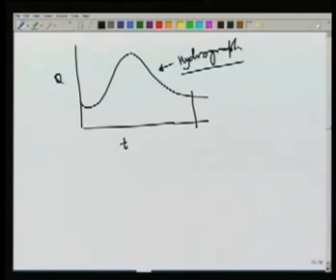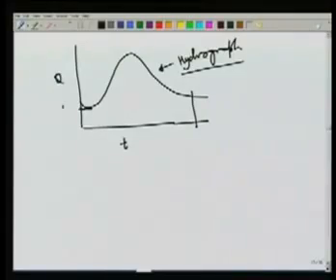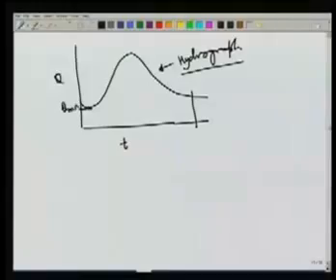For example, if somebody asks what is the minimum flow in the stream, we can say that this is the minimum flow. Then if you are designing for a flood control structure, you may have to answer a question, what is the maximum flow in the stream? That's also very easy to answer, Qmax.